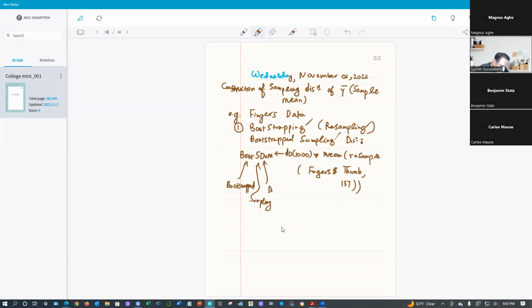It's simple. Bootstrap sampling distribution. I'm going to call that one boot SDOM.